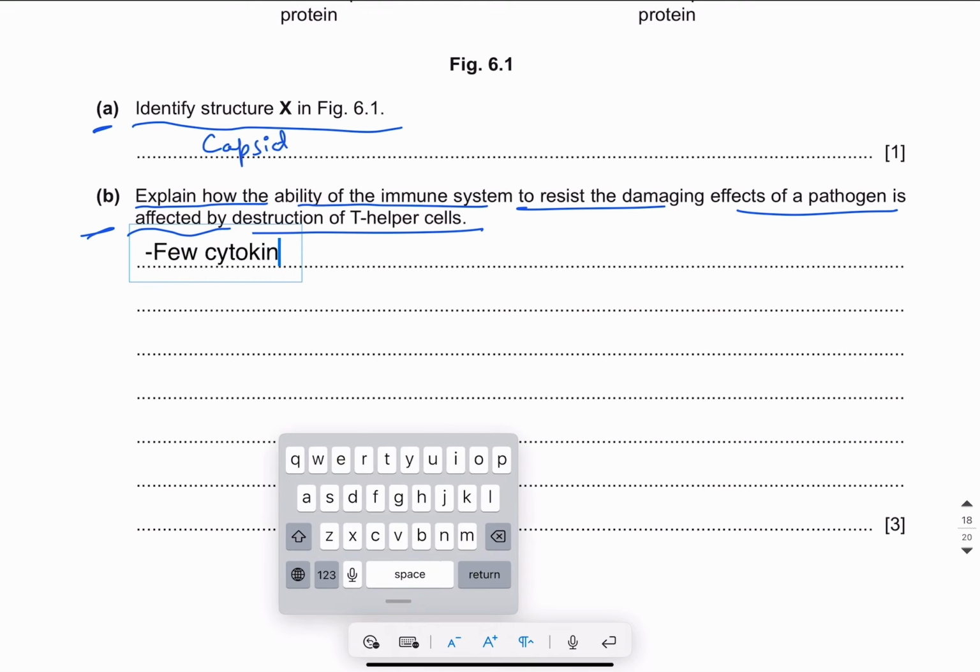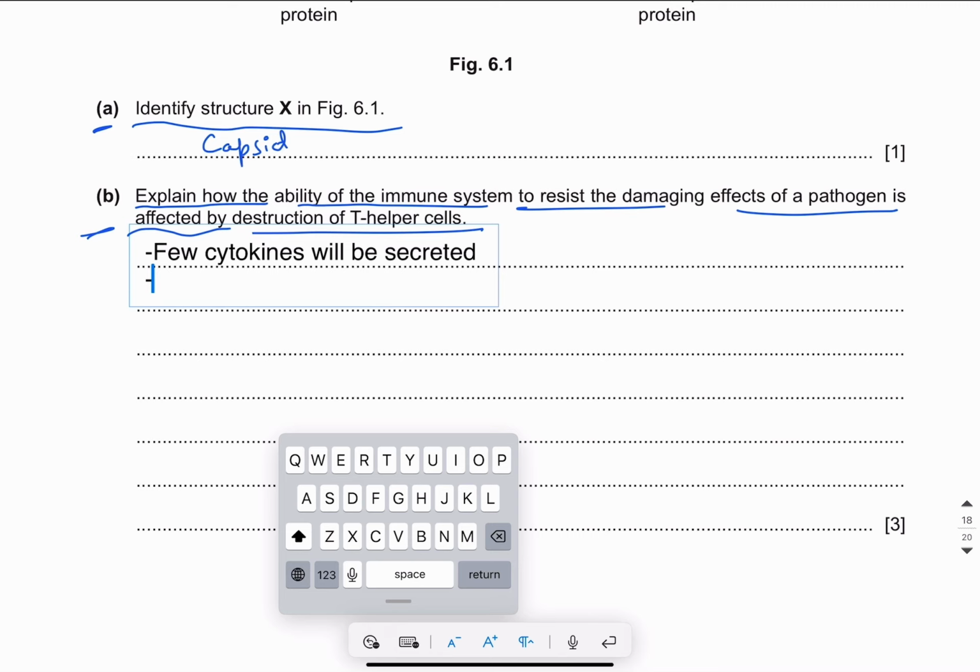Few cytokines will be secreted by the T helper cells, or we can just write that few cytokines will be released. And because of this, what will happen?